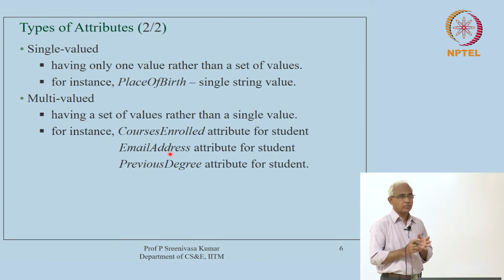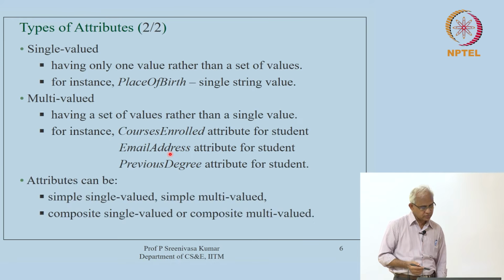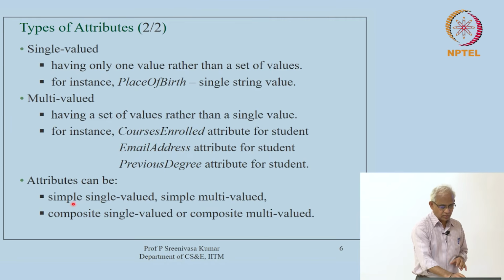Now, these two classifications, simple or composite and single or multivalued, can combine, and then we can have four possible combinations. So, attributes can be simple single valued or simple multivalued, composite single valued or composite multivalued.